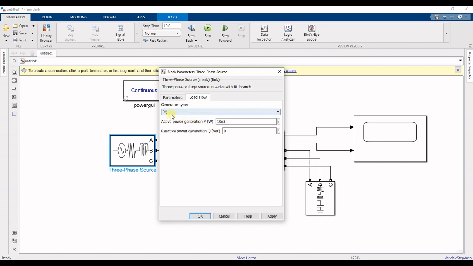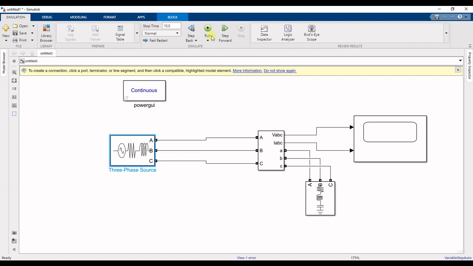For example, if you want to design a generator with active power of 10 kilowatts and reactive power of 5 kilovar, then it will become a 15 kVA generator, volt-ampere. So a 15 kVA generator will be designed by using 10 kilowatt active power and 5 kilovar reactive power. So we are saving this.